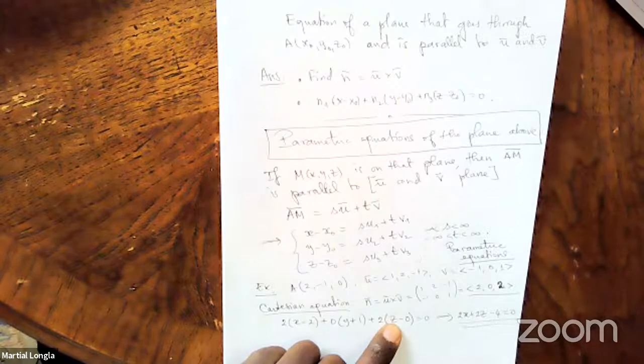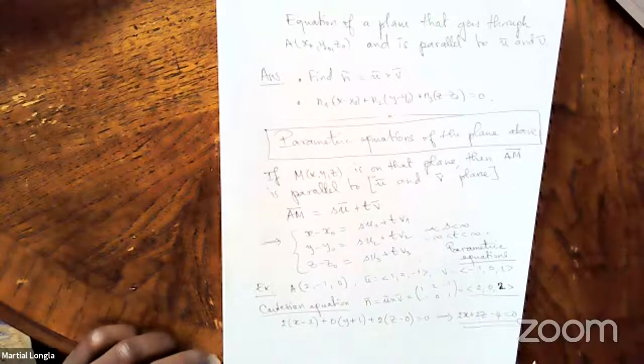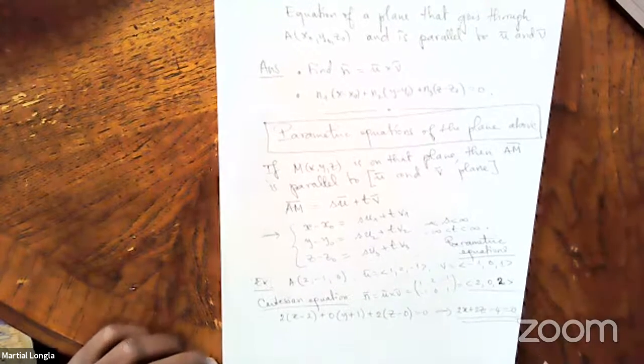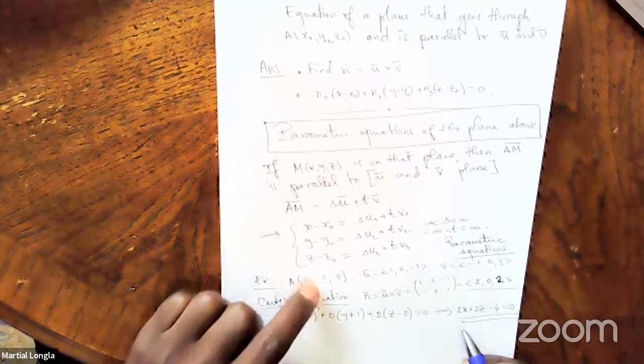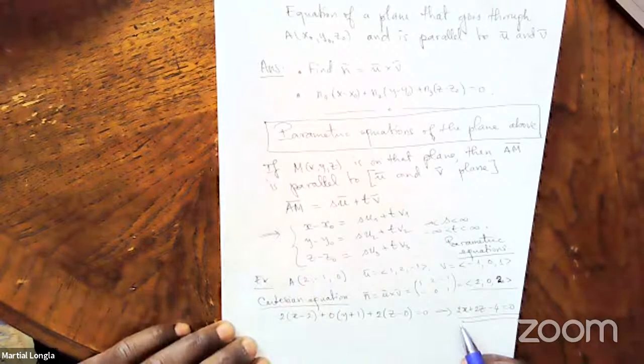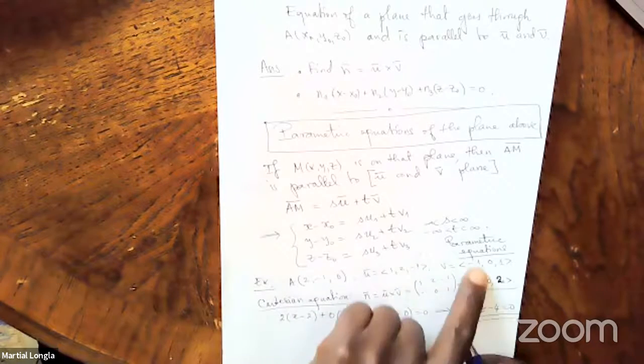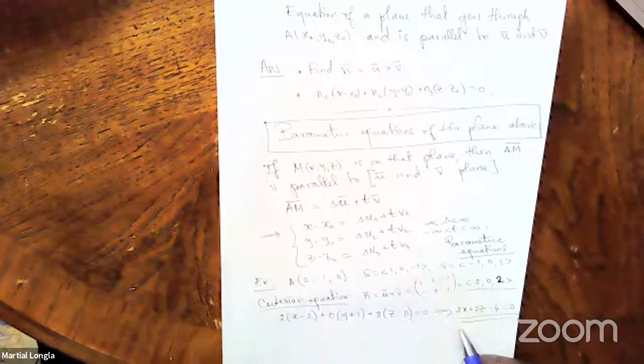So that's the equation that you get. That's the Cartesian equation of the plane that goes through this point and is parallel to these two vectors.